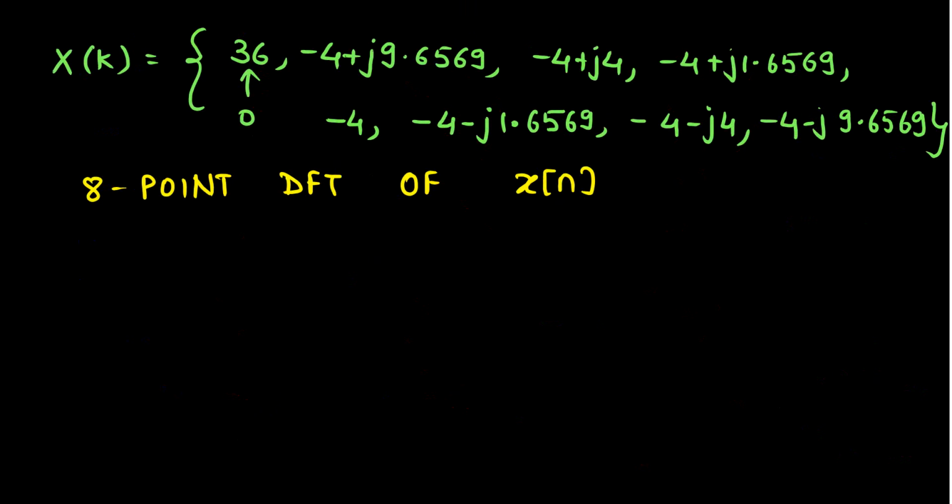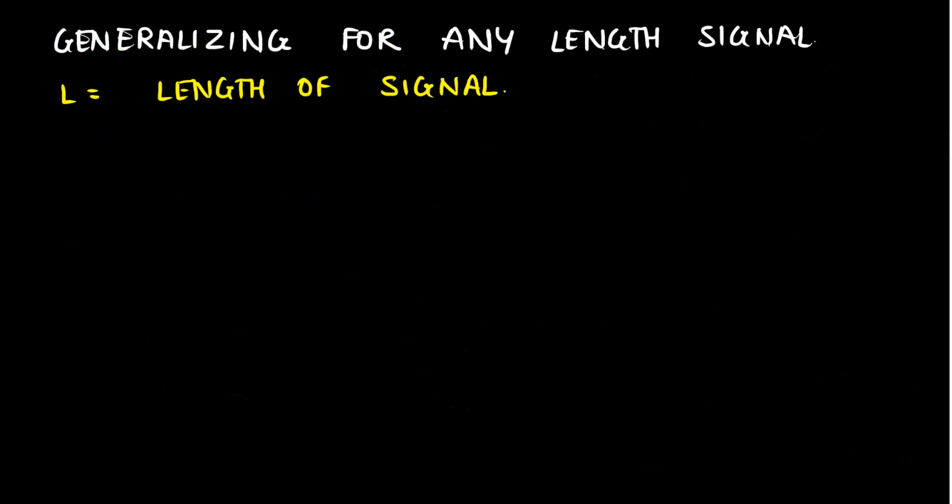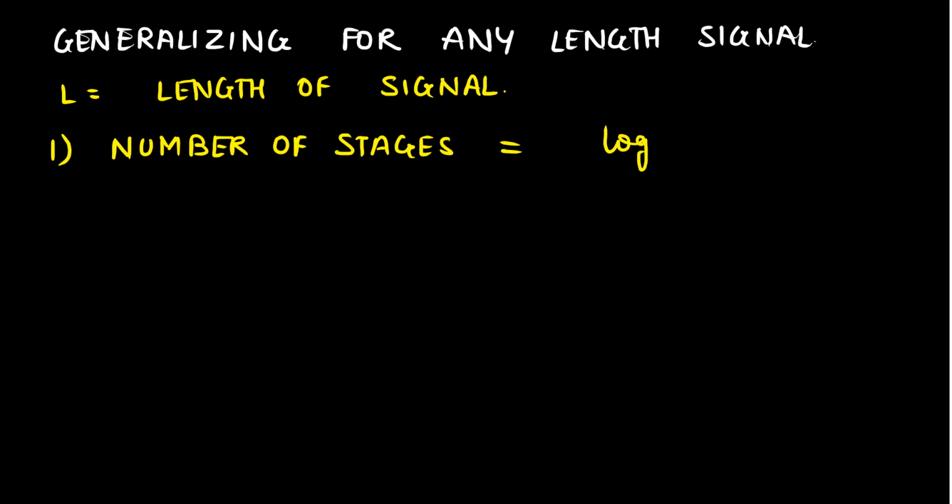So what we can say is, in general, the number of stages can be given as log of L to the base 2, but with a ceiling. So let it be represented by m.